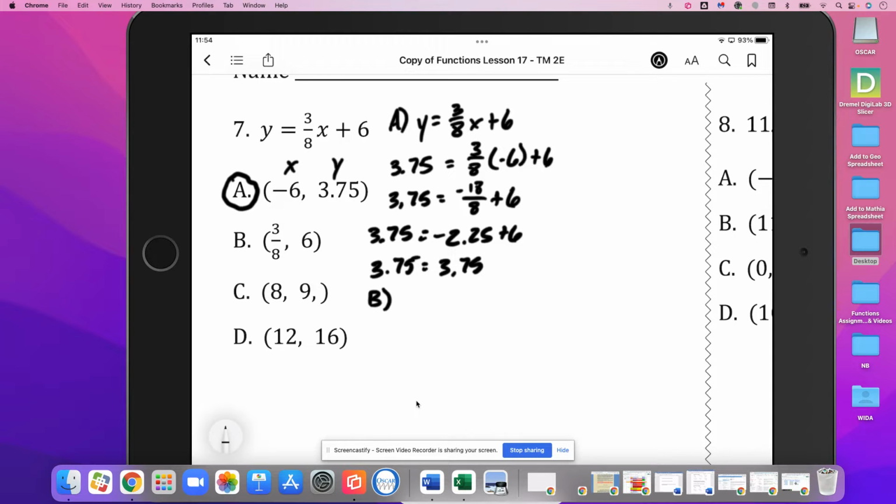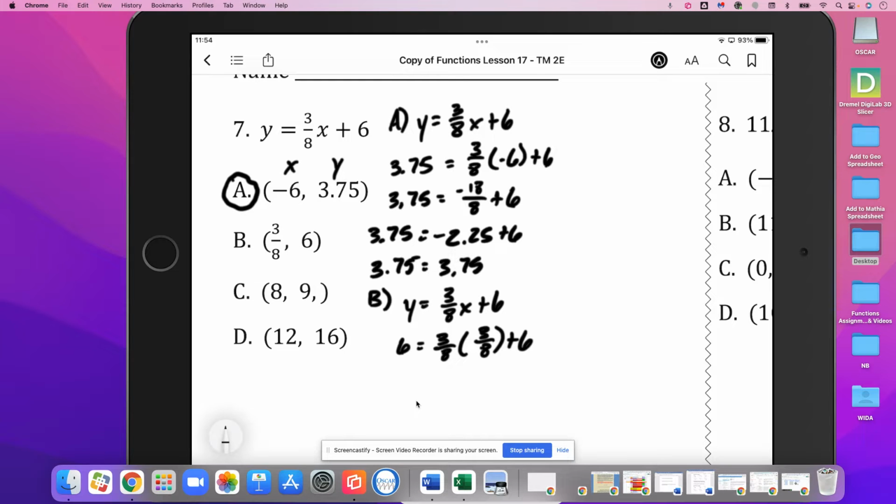Moving on to B, we've got y value is 6. Oops, I should write my equation first. That would be being a good mathematician. So y equals 3/8 x plus 6. And our y value is 6. And then we've got 3/8 times 3/8 plus 6.